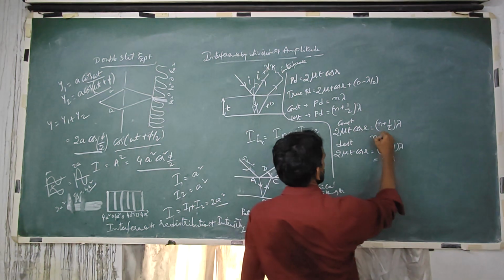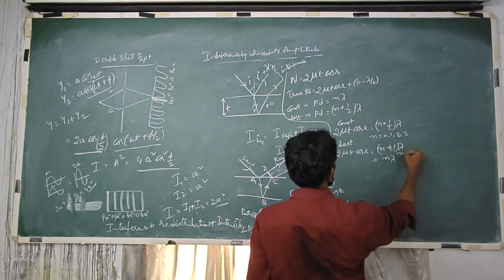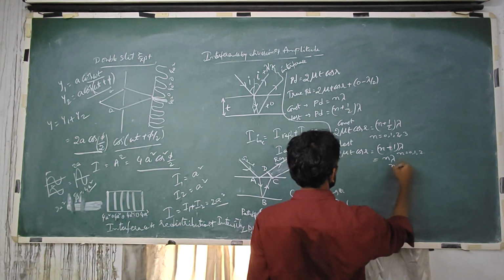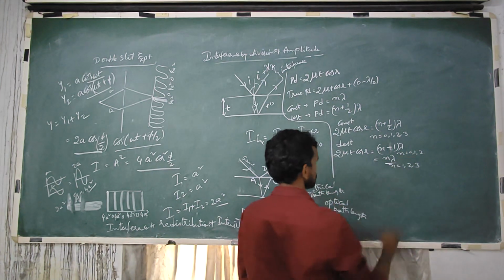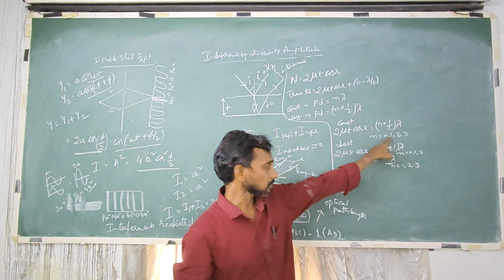So here n starts from 0, 1, 2, 3. Here also n is 0, 1, 2, 3. Here n is 1, 2, 3 if you write n lambda. Here it starts from 0.